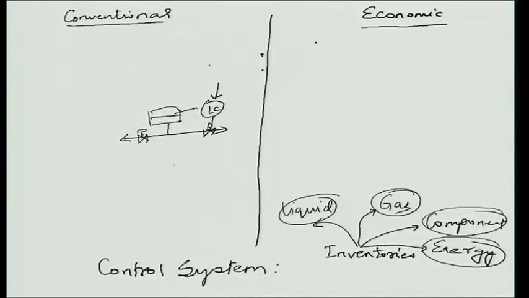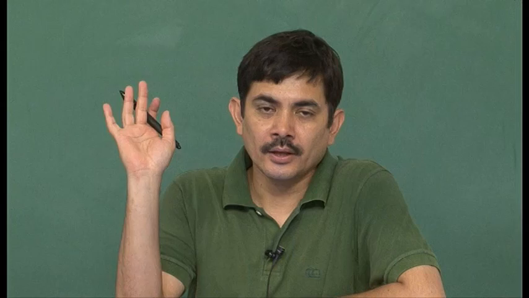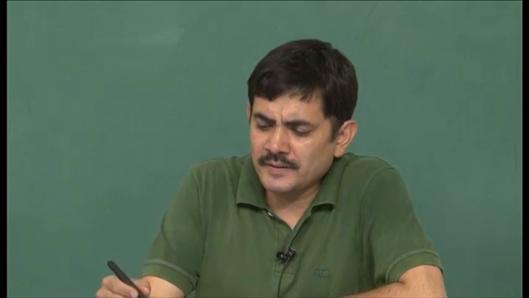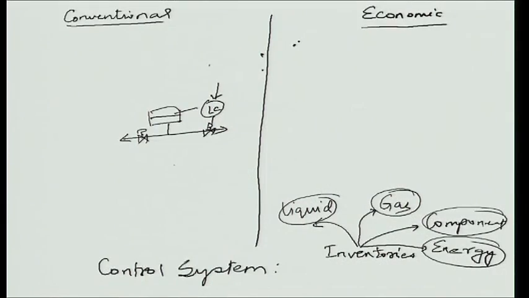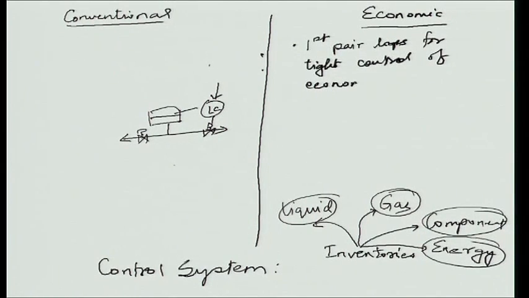So, our approach is basically saying that you have to control all the inventories. If you have to control all the inventories, what we are saying is control those inventories that have a significant economic impact tightly. So, first pair loops for tight control of economically important inventories.